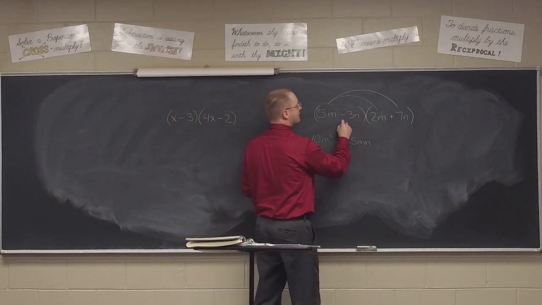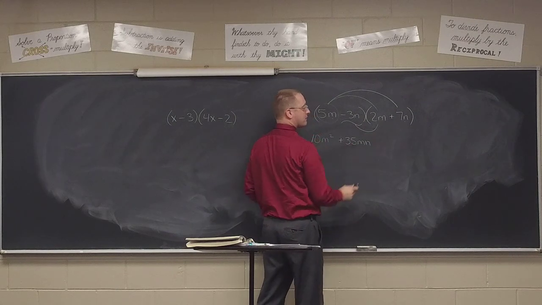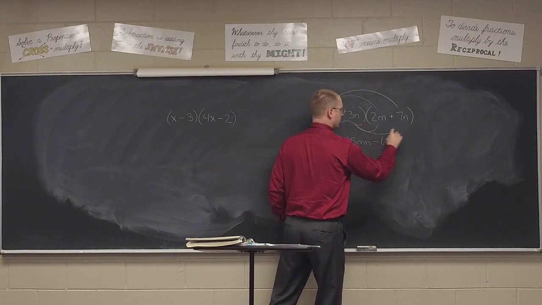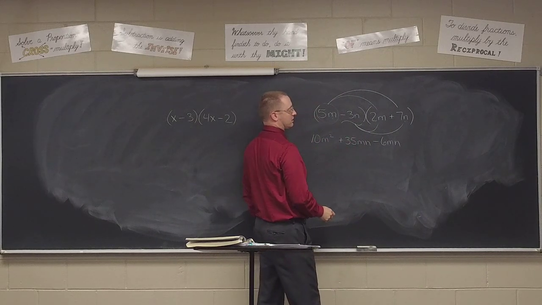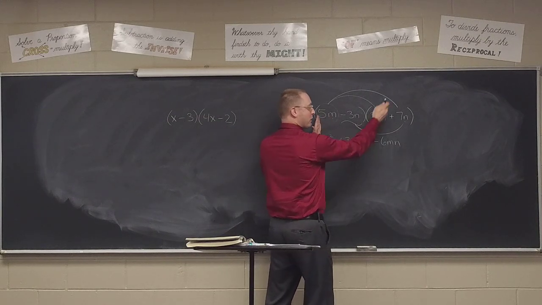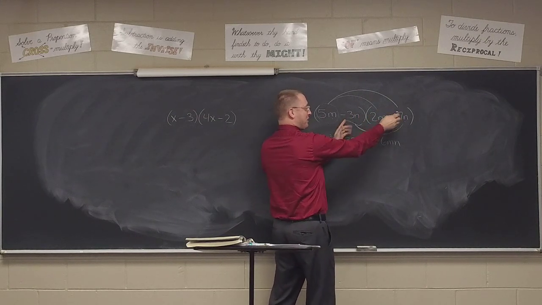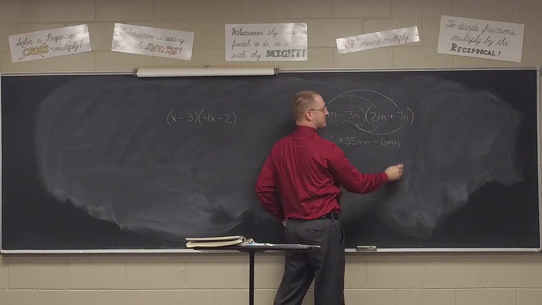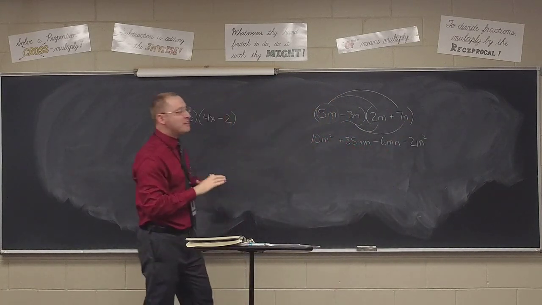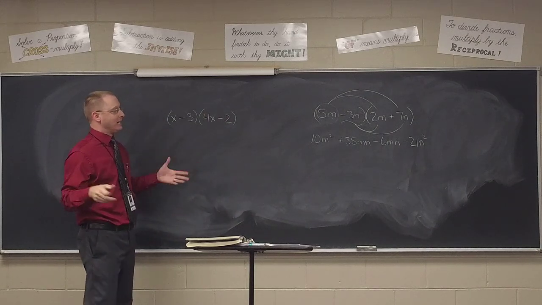When we distribute the negative 3n, Lana, what do we get? Negative 6 and then. And here? Me? Yes, you. Oh, I thought it was him. No, I had him do the 5m to both. Now I'm having you do the negative 3n to both. Negative 3n squared. There we go. Now, if there's anything that can combine, let's do it.